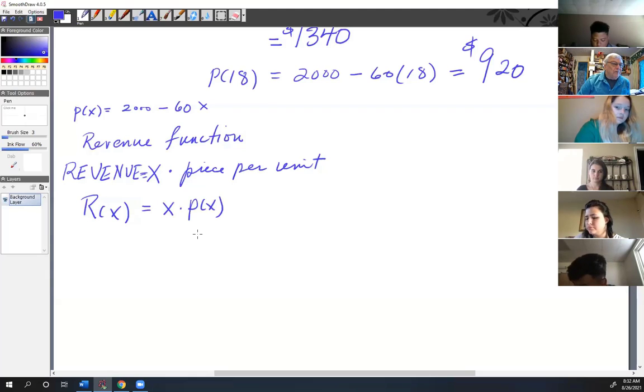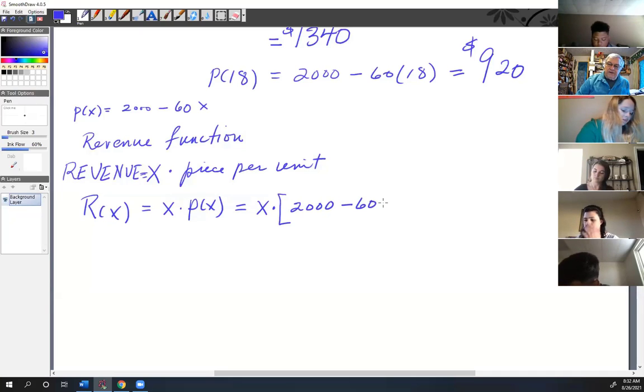That's what the price demand function tells you. So now let's do just some algebra. This is just high school algebra, but what is P of X? I'll even put it in big brackets so we don't lose sight of the fact that what we're writing here is P of X, but it's 2000 minus 60 times X. Now that is perfectly correct.